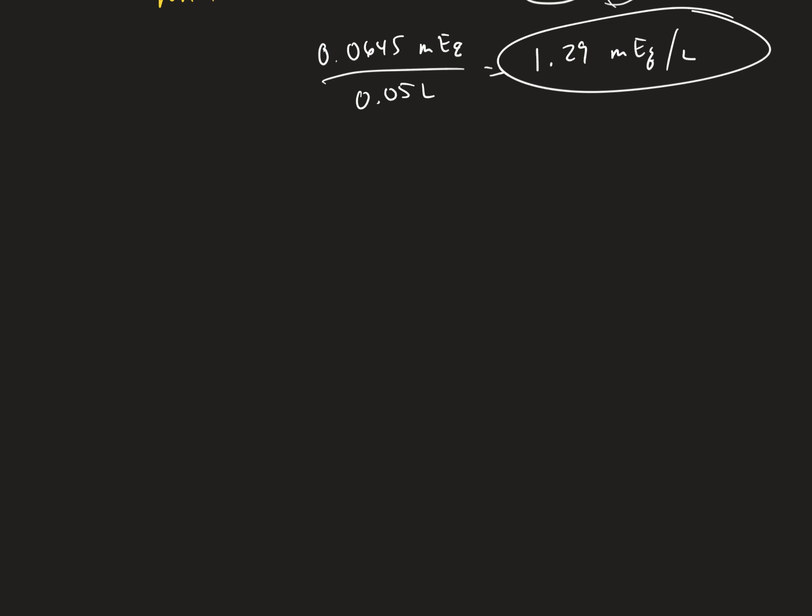So let's say we have potassium phosphate. No, that's not a good one. Let's say we have calcium phosphate in our blood, and we want to know one equivalent is equal to how many grams of potassium?